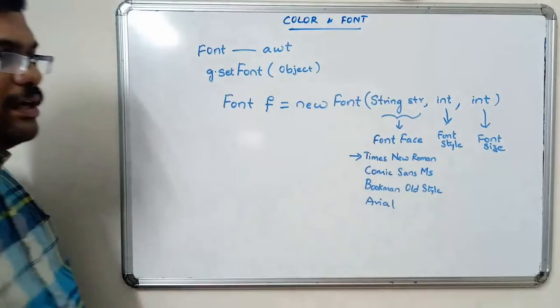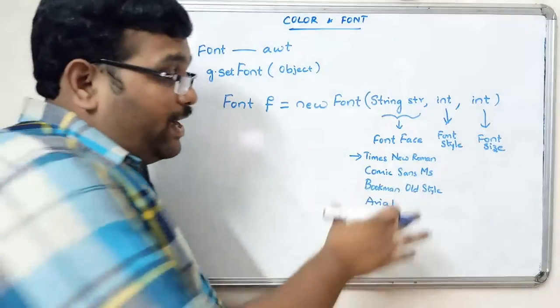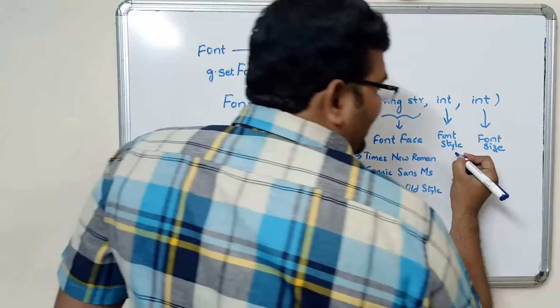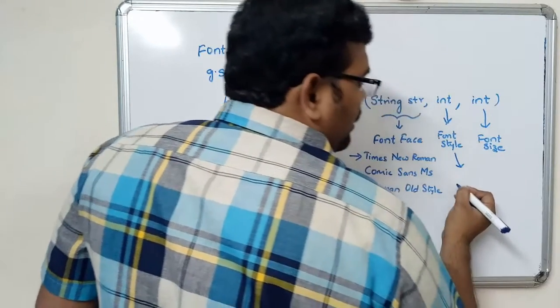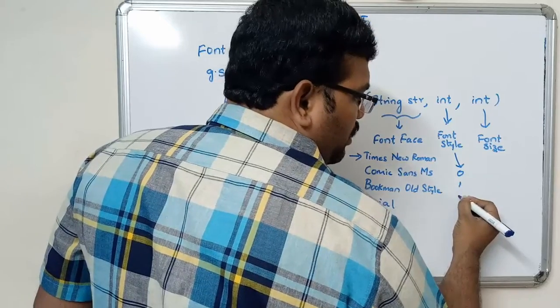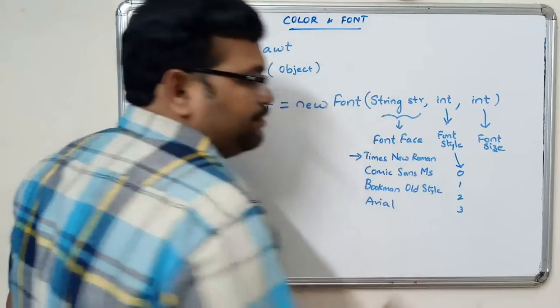So these are all different fonts, and we have to write the font as the first argument. And the font style takes the values 0, 1, 2 and 3.